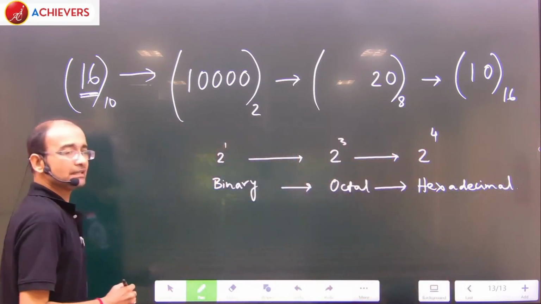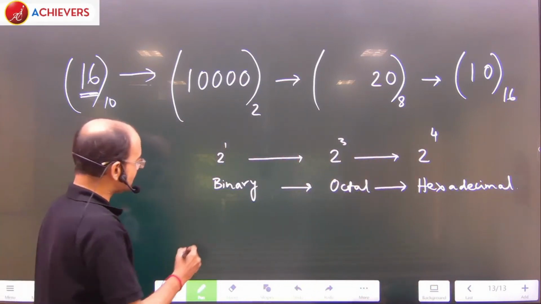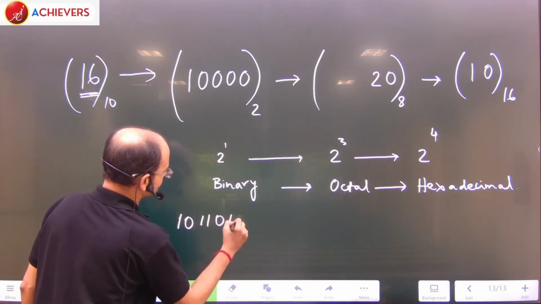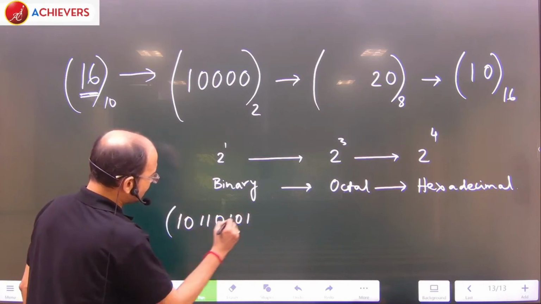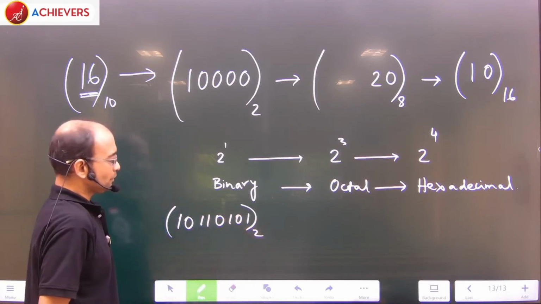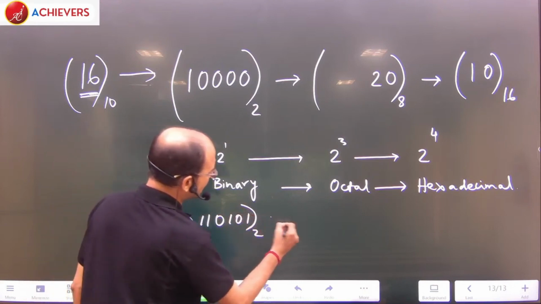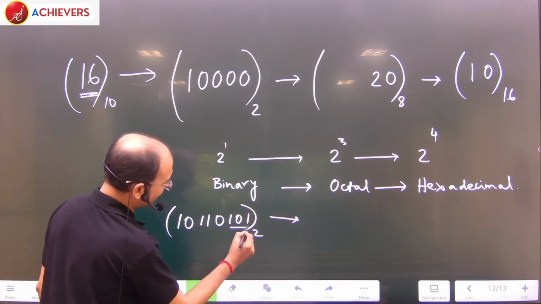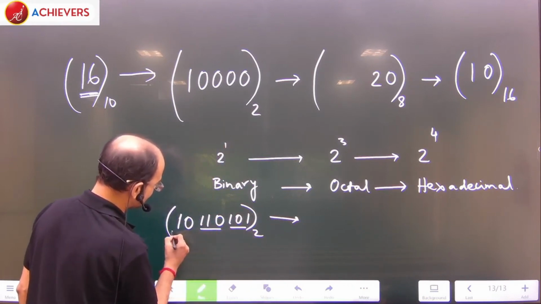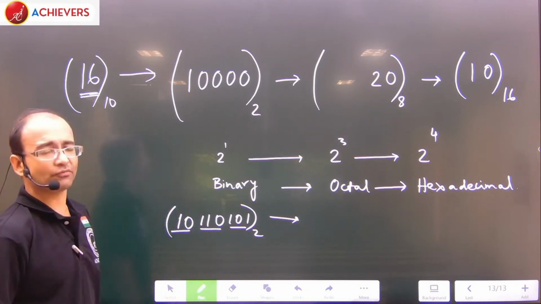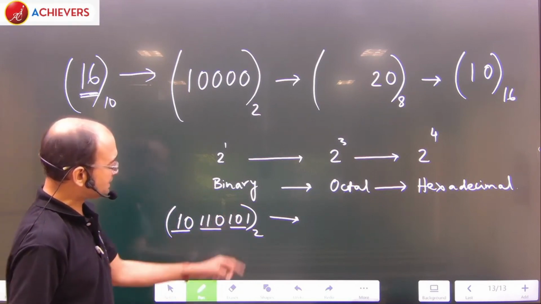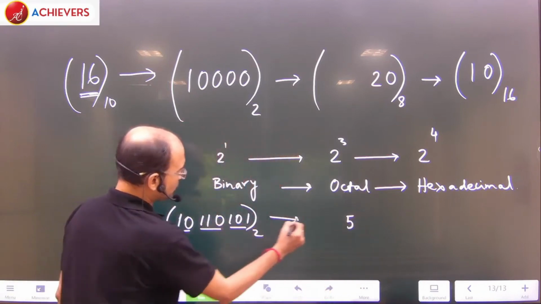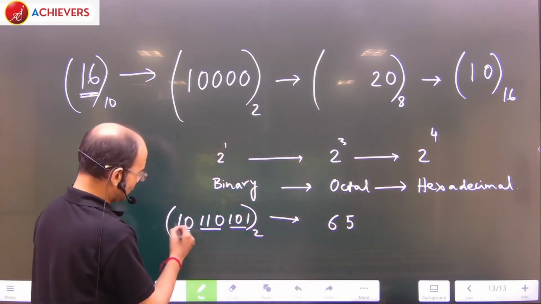If any number is represented in binary, we can easily convert it to octal based on 3 bits. If we consider 3 bits from right to left, we can automatically convert to octal. So 101 is 5, 110 is 6, and 10 is 2.